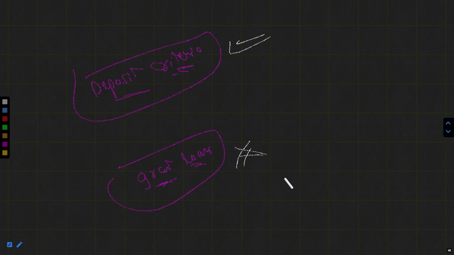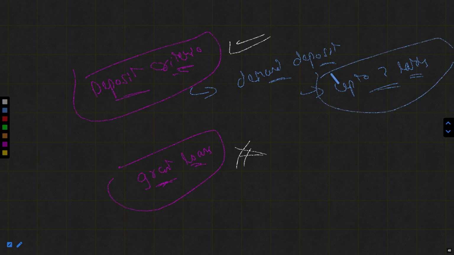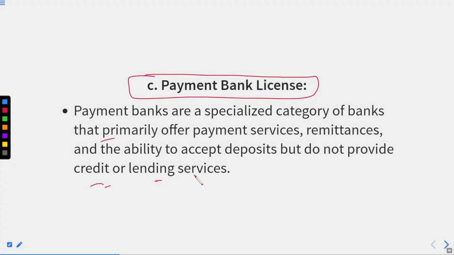They could accept deposits, but they could not grant loans. The deposit they could accept would only be demand deposits, not any time deposit. And the maximum value must be up to 2 lakhs. Beyond 2 lakh, they could not accept deposits. So remember this point also.